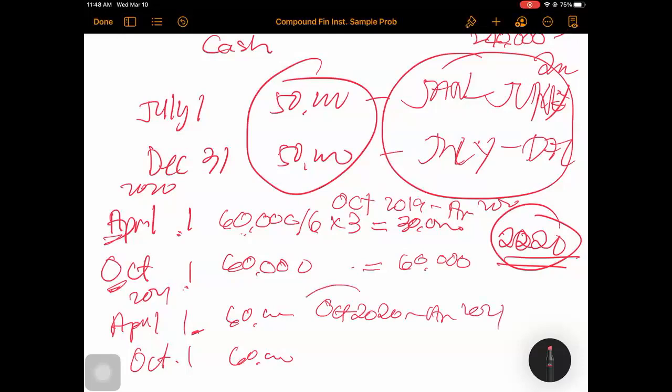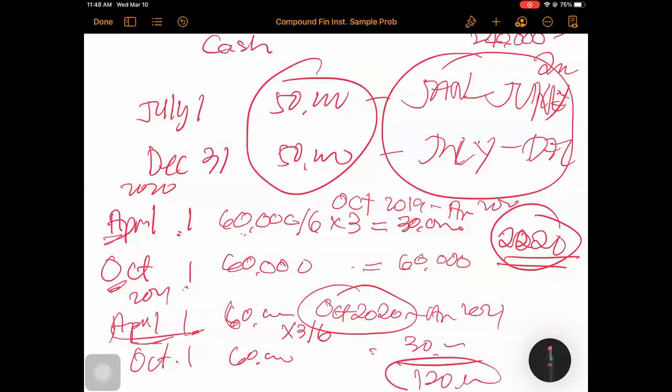So 3 months of that 60,000 was incurred in 2020. So times 3 months divided by 6, that's 30,000. Actually, the answer is still 120,000 because the amounts are equal.